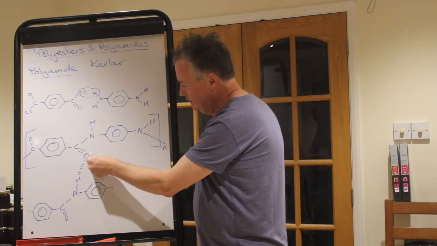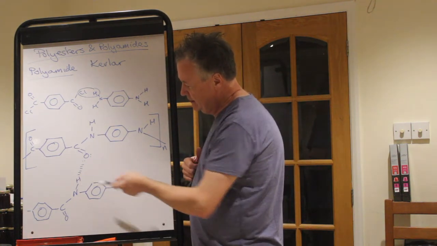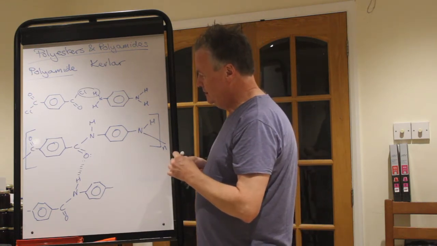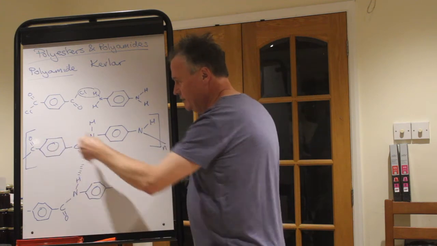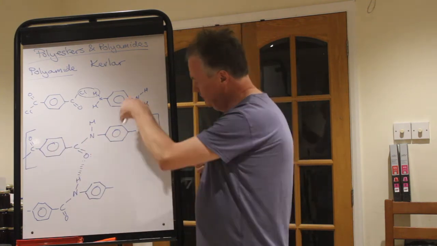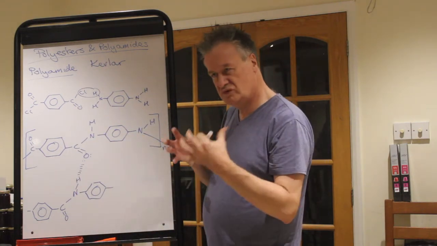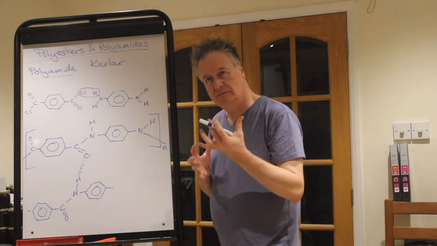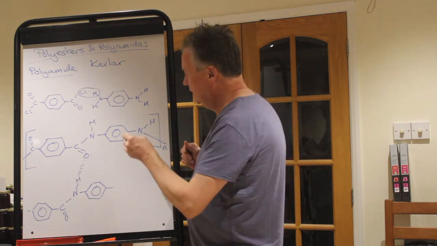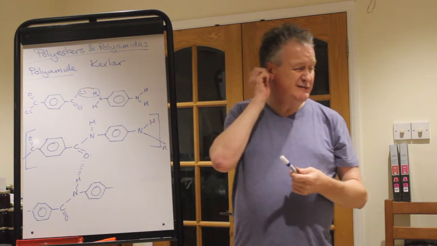You get a hydrogen bond formed by the oxygen of the carbonyl onto the hydrogen of the nitrogen, and then this is so big that it has instantaneous dipole induced dipole between the rings as well, and it makes it a really solid sort of structure. And you get Kevlar being able to absorb impact on a molecular scale, and so you have this lining up of the chains. But that's kind of it, really.